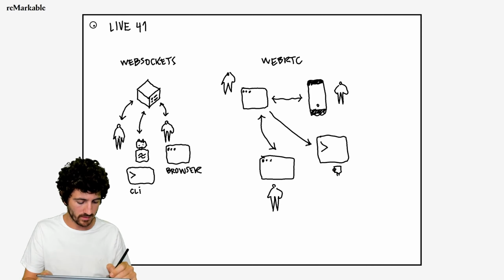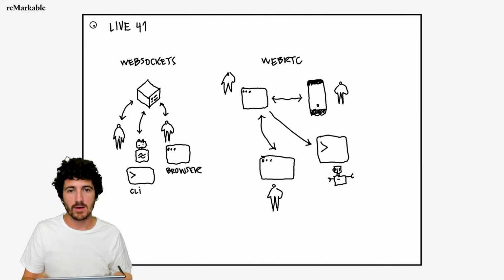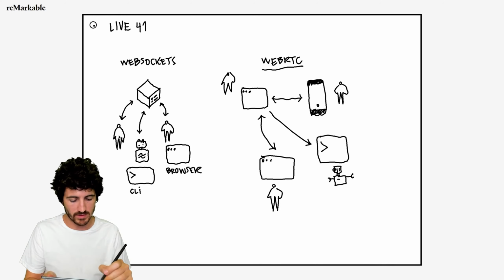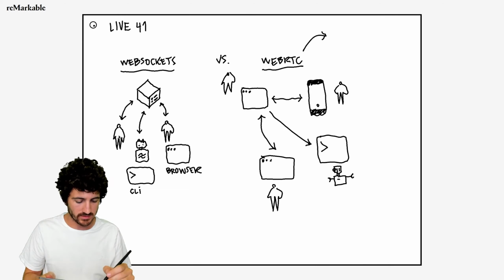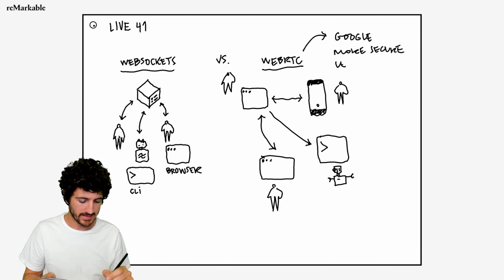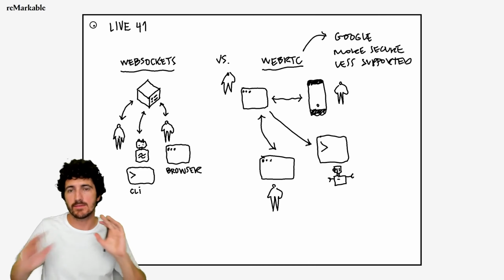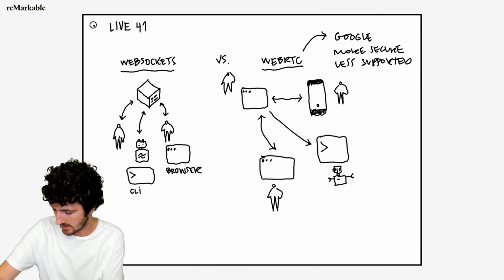From this would be this bot. Okay, so that's WebRTC versus WebSocket. And this one is made by Google, it seems. It's said to be more secure, but less supported for now. So this gives us a tiny overview on what that is.